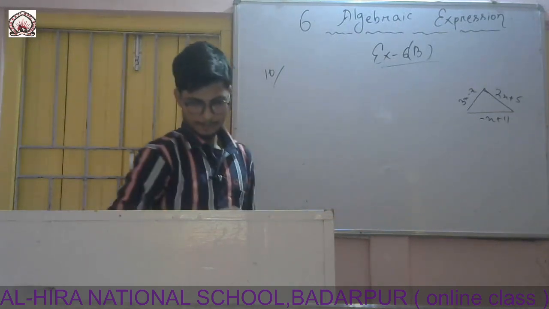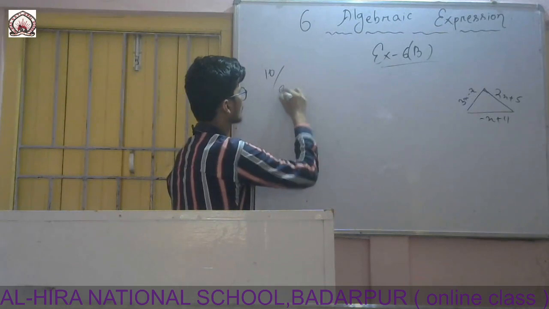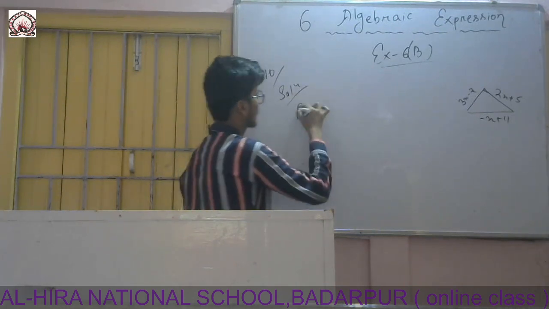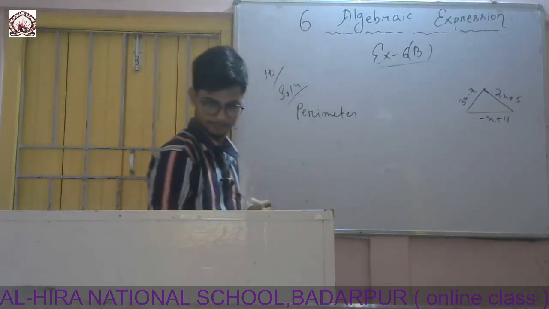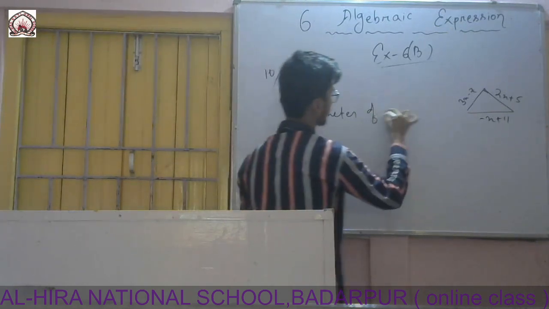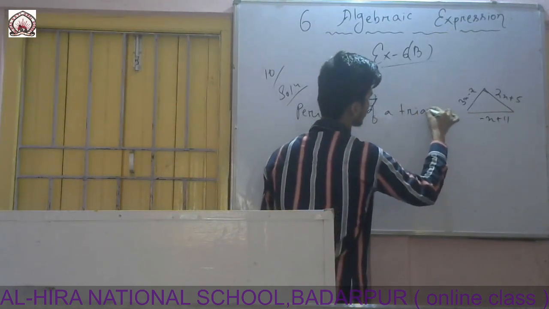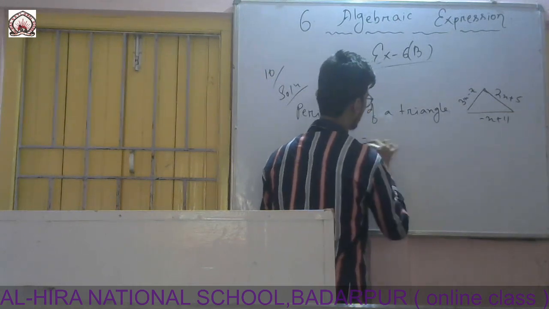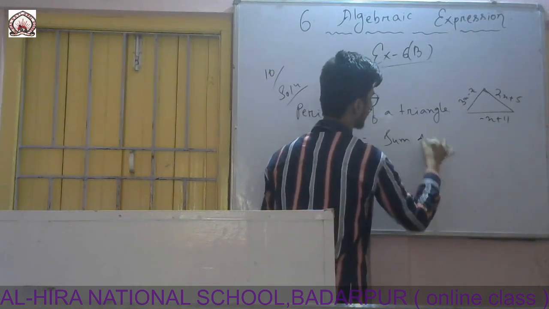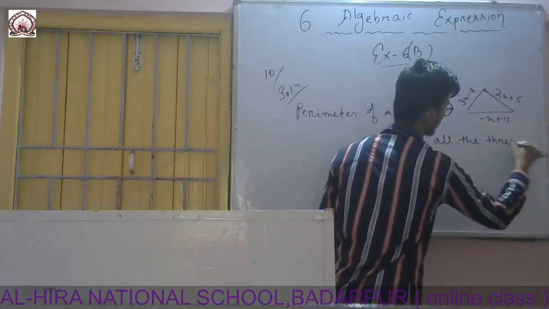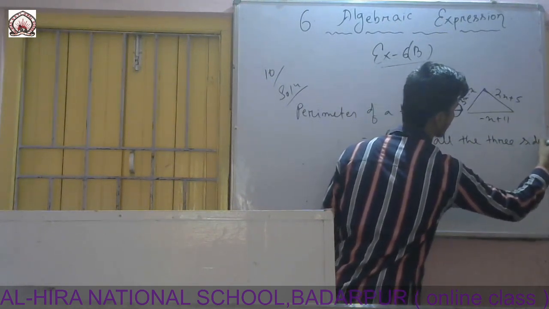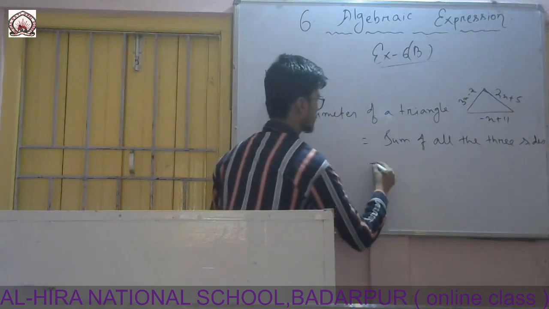We know that the perimeter of a triangle is equal to the sum of all the three sides.